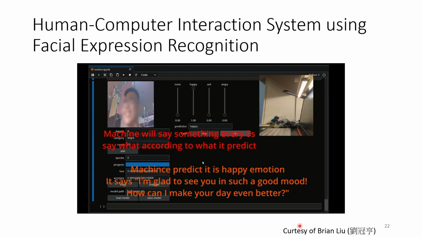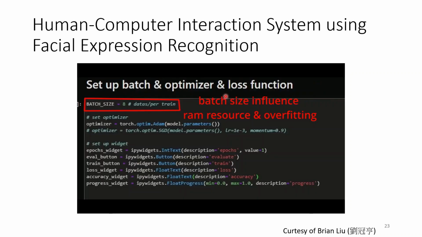Although he only set 4 different expressions: neutral, happy, sad, and angry. When he tried to train the model, he found an important hyperparameter is the batch size.